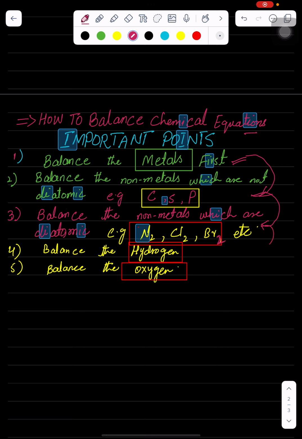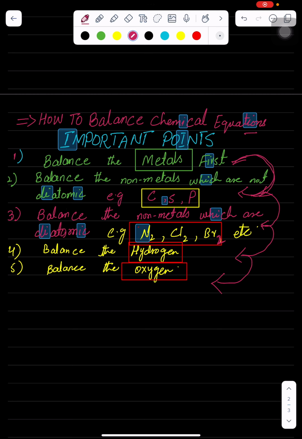The next step is to balance the hydrogen, and the step after that is oxygen. I'm repeating: first balance the metals. If there are no metals, balance the non-metals which are not diatomic.